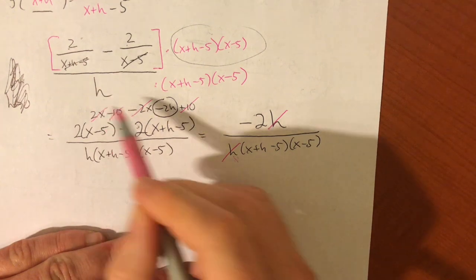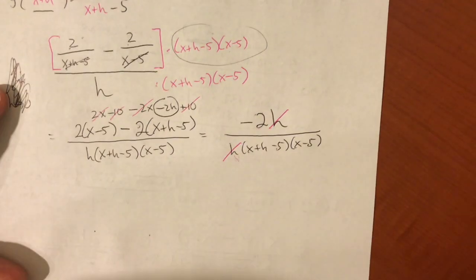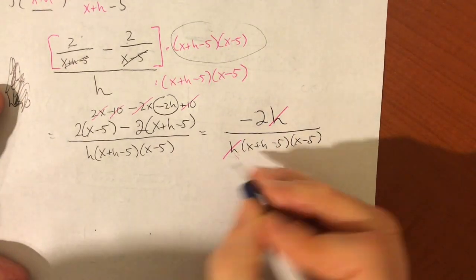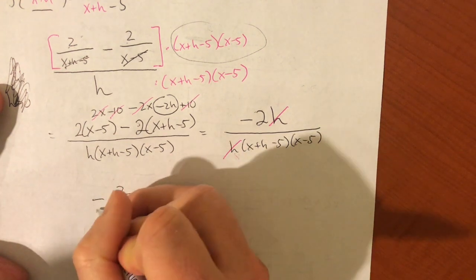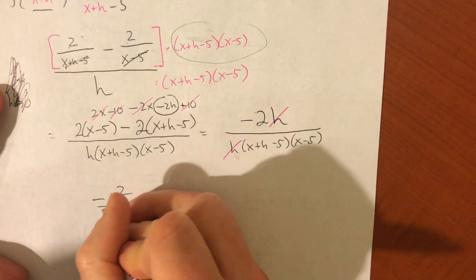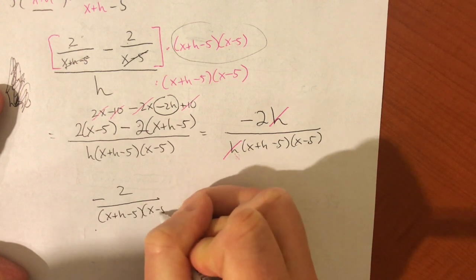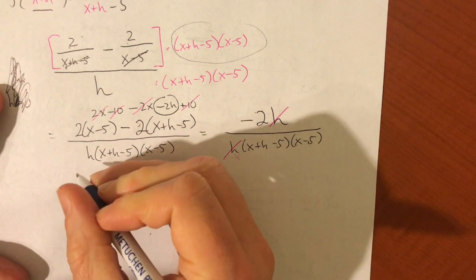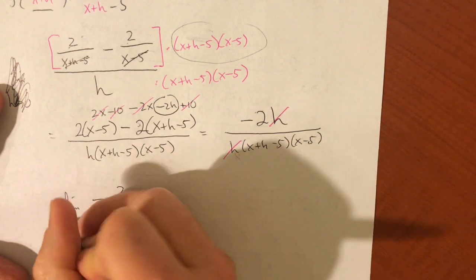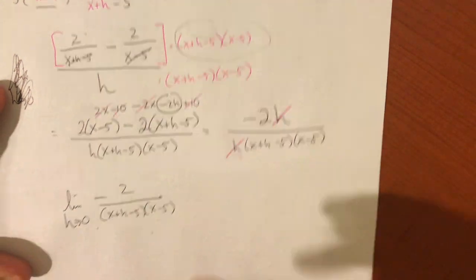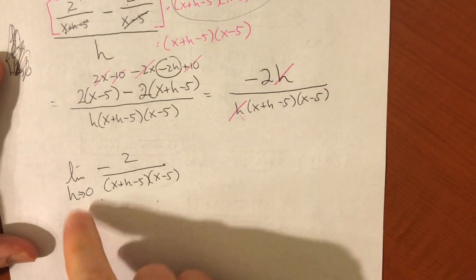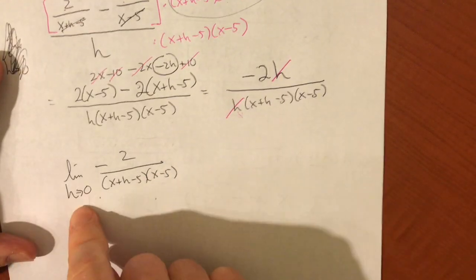You wanted that h to cancel algebraically with these problems, even though the original problem looked a little different. So here's what we're left with after that h cancels. We have negative 2 over x plus h minus 5 times x minus 5. Just remember, we haven't been writing it the whole time, but we still haven't evaluated the limit as h approaches 0. So now is the time to do that.